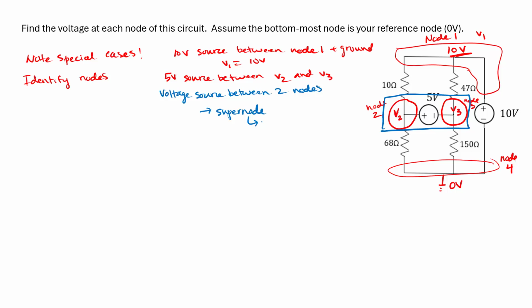And you'll remember when you have a supernode, you need to apply Kirchhoff's current law to the supernode. And then you can also get an extra equation from the supernode itself. In this case, it will relate V2 and V3.